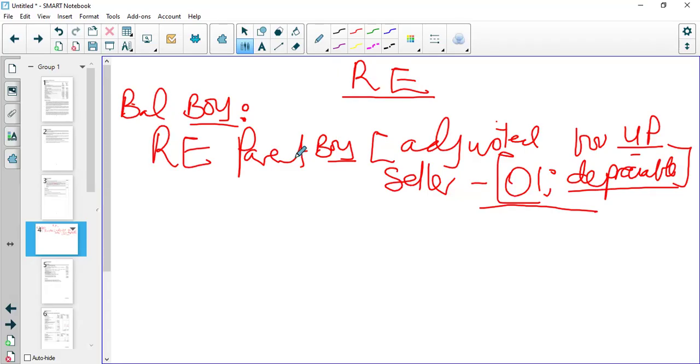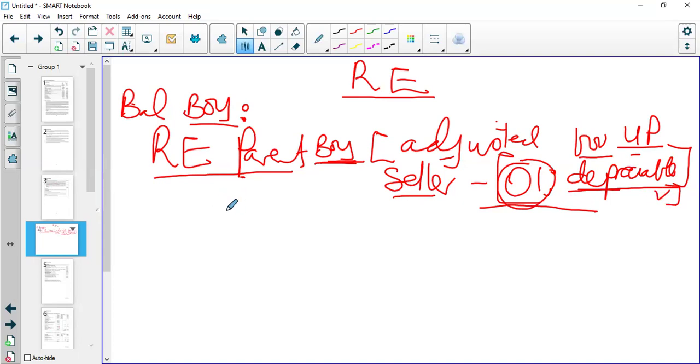So there's going to be an adjustment in the retained earnings. We take the retained earnings of the parent at the beginning of the year. If the parent was a seller of inventory, we adjust for the unrealized profit in opening inventory. If the parent was a seller of a depreciable asset, we adjust for the unrealized profit in the depreciable asset. So this is the principle, and we're going to be doing that.